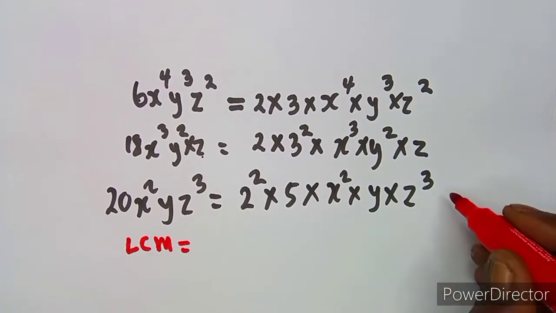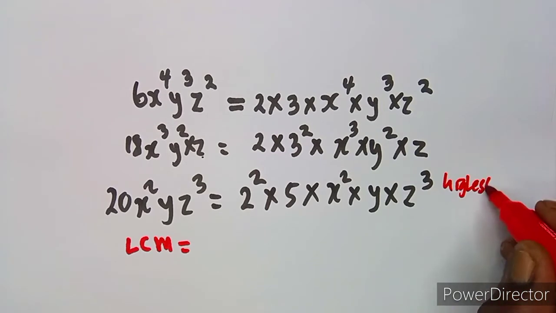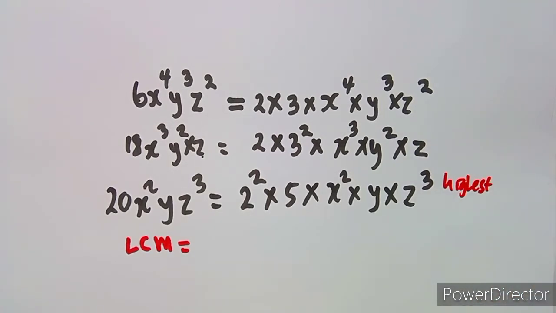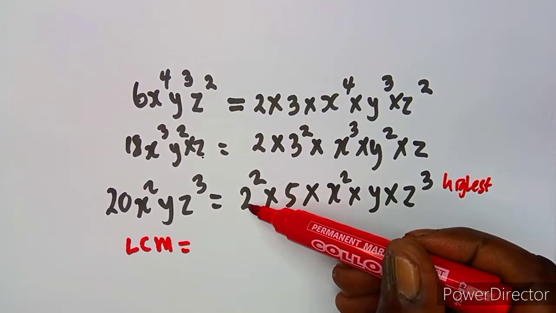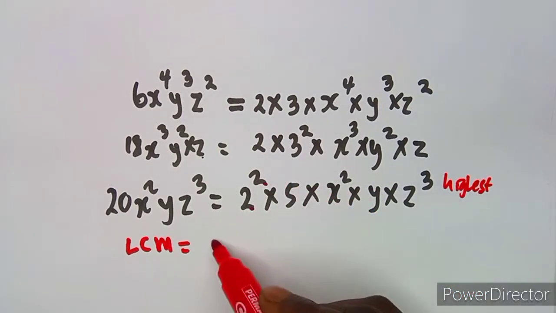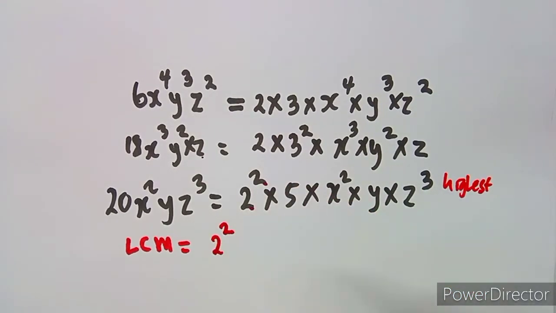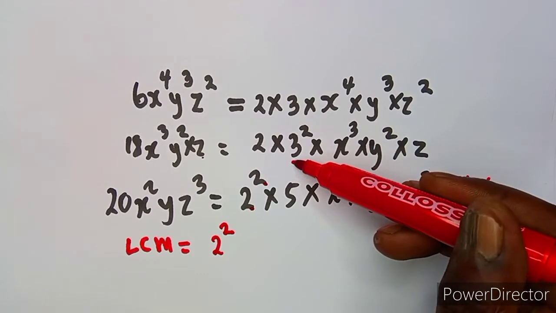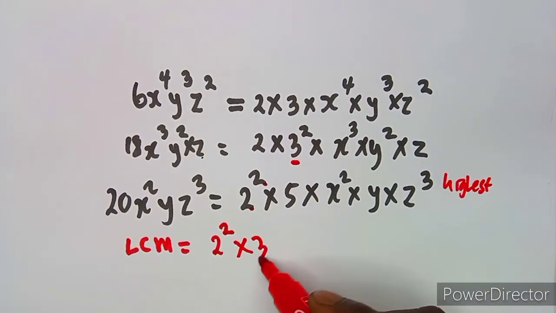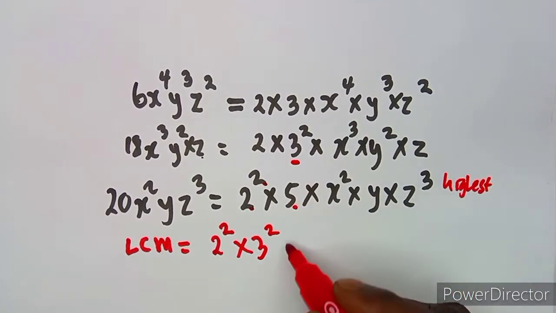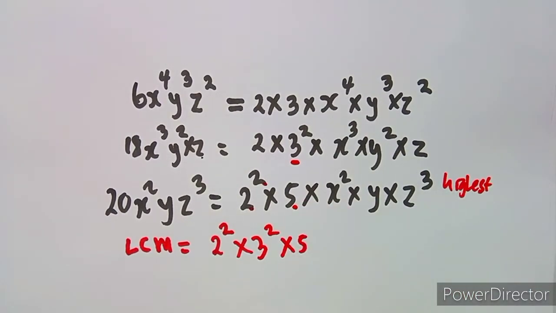So LCM uses the highest exponent. Okay, let's cross check 2. Which one is the highest exponent? This one, 2 to the exponent of 2. Let's cross check 3. Which one is the highest exponent? That's 3 to the exponent of 2. Let's cross check 5. We only have this 5, so you just take it as it is. Remember, you take everything as it is.